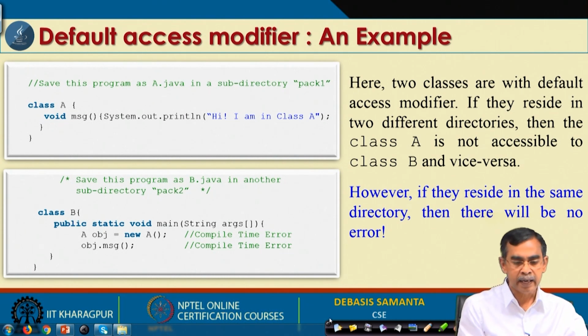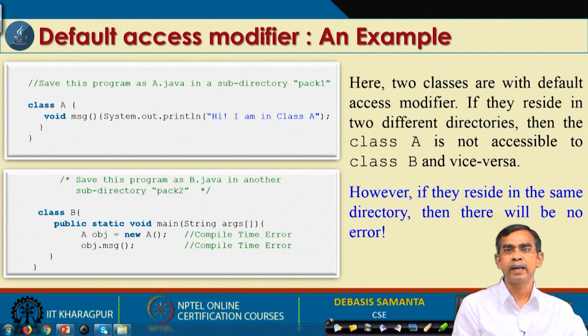Now, as we see, no access specifier is mentioned, so it means that class A is declared as default. Similarly, the method MSG, whose return type is void, does not have any access specification, which means it is default. So, the access specification for both class A and method MSG belonging to class A is default.